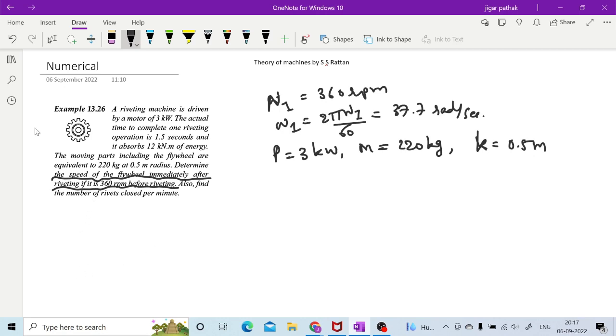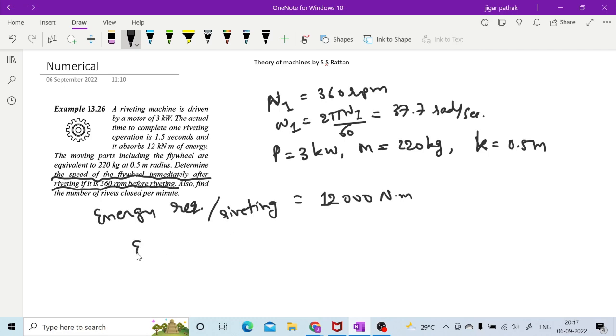And the energy required per riveting is 12,000 Newton meter. So the energy supplied per second is also provided, 3 kilowatt, that is 3000 Newton meter.